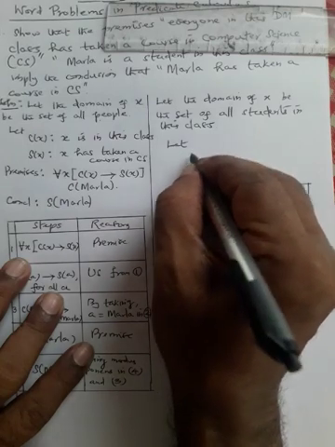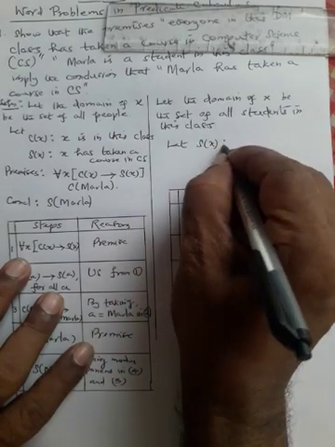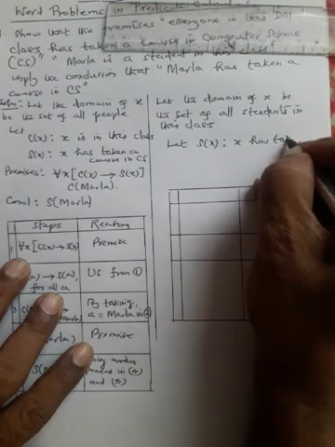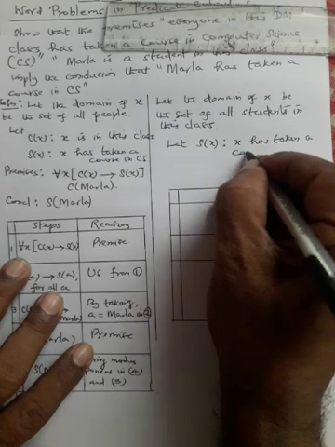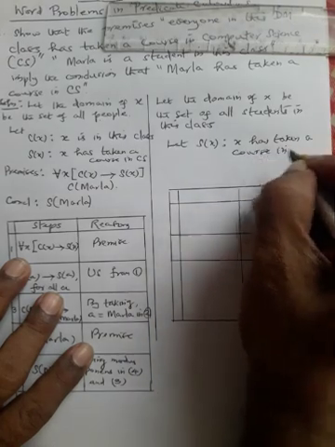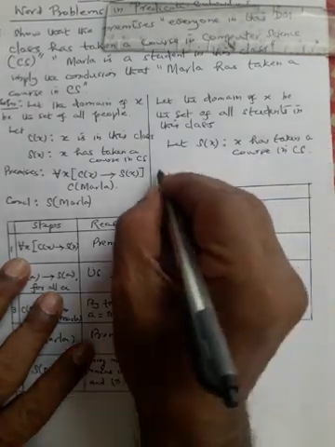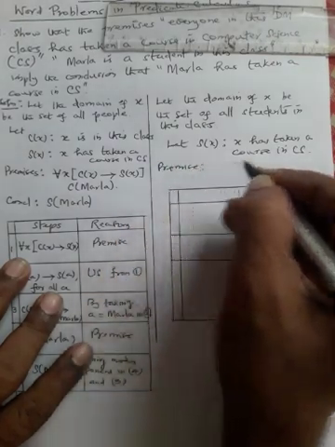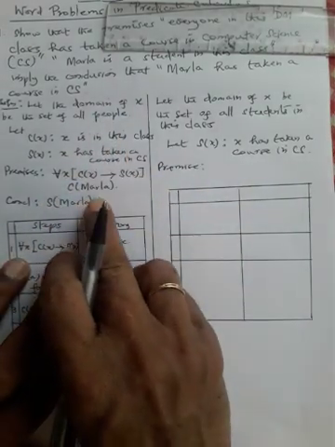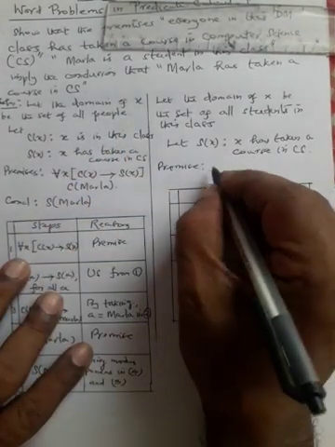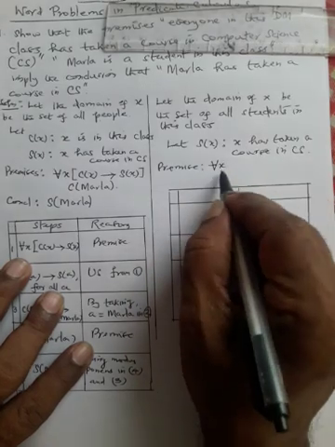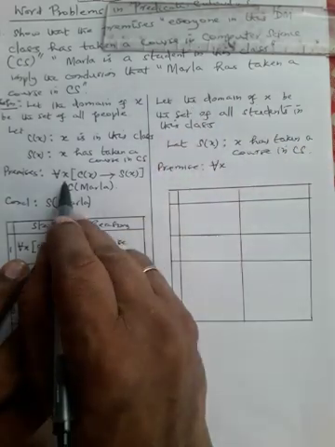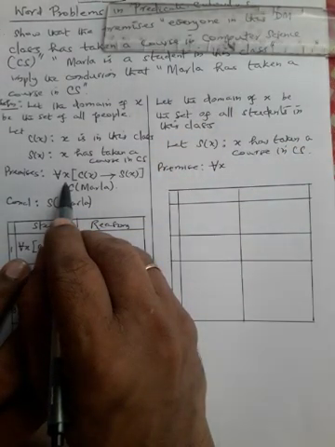Here, if you let the domain of x be the set of all students in this class, so every student we consider is only in this class, let S of x be "x has taken a course in computer science." Then the premise is every student in this class. When I write for every x, automatically x varies over the set of all students in this class, whereas on the left this x refers to any person.